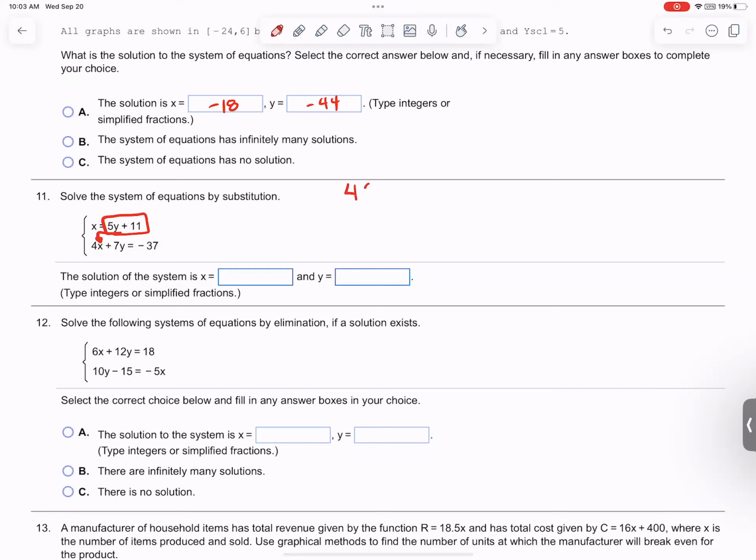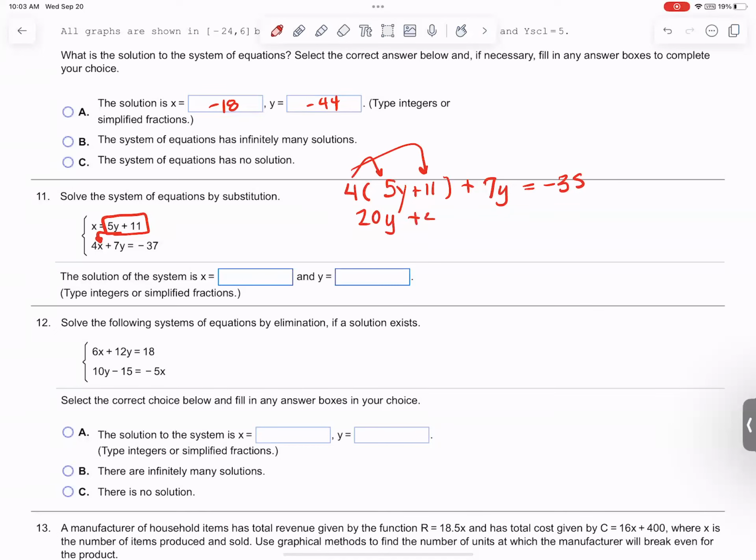So 4 times (5y plus 11) plus 7y equals -37. I'm going to remove the parentheses so I can solve this for y.